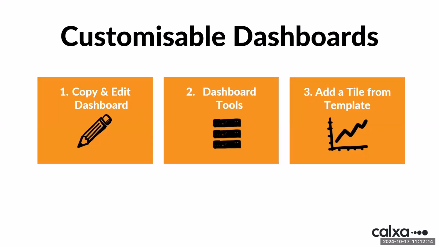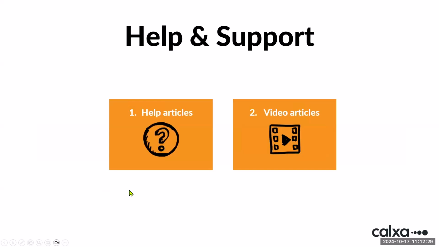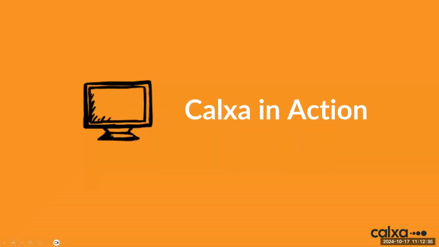How we can use our dashboard tools and we can add our Calxa logo or your logo onto the top of that particular dashboard, and how we can create, in fact, a blank dashboard and add tiles into that as well. Please remember, of course, there are plenty of help articles, there are plenty of video articles available to you as well.